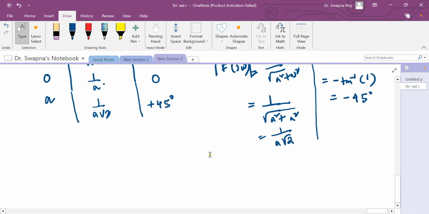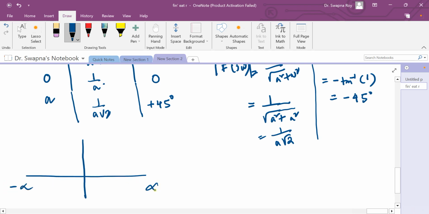Now we have to draw the spectrum. So I'm plotting the magnitude first. So this is minus infinity, plus infinity, and at zero condition the magnitude is 1 upon a. This is 1 upon a, and this is the magnitude of F(j omega).